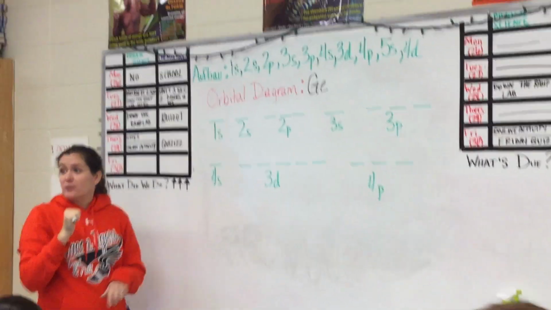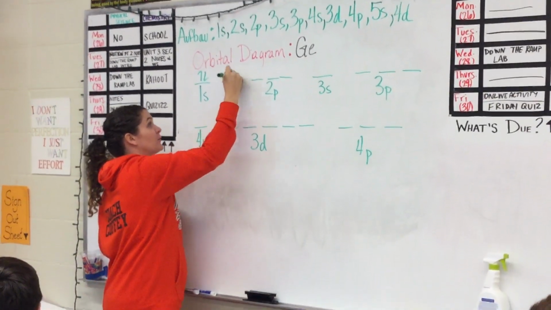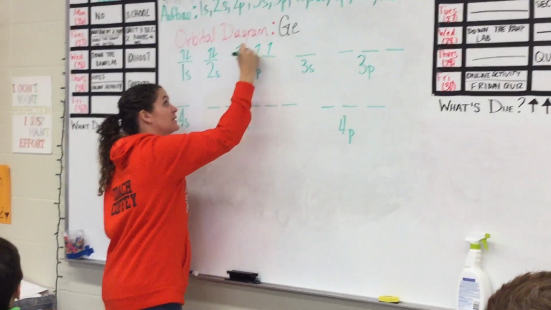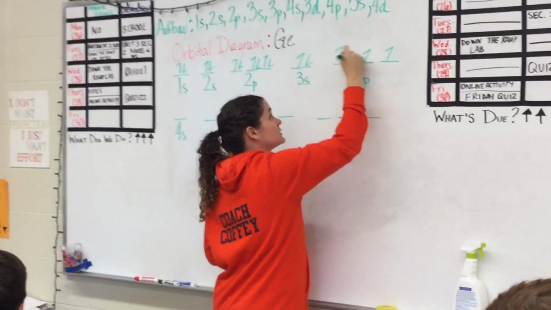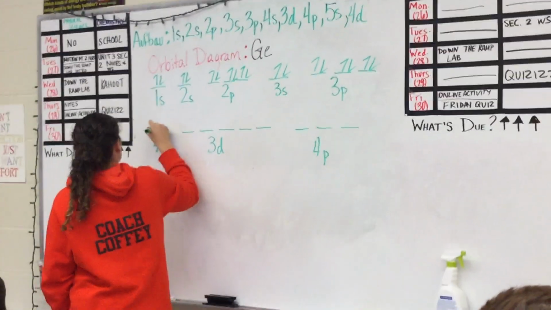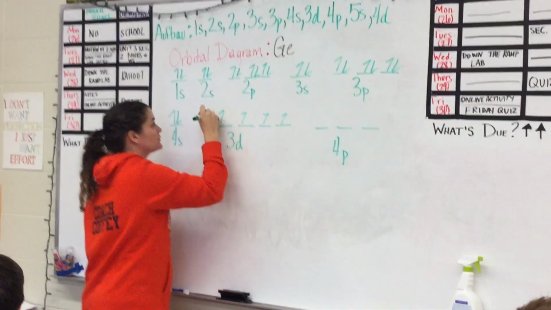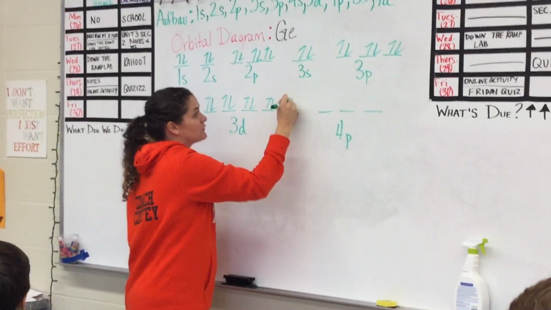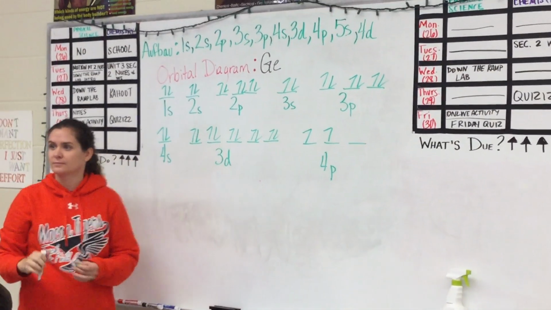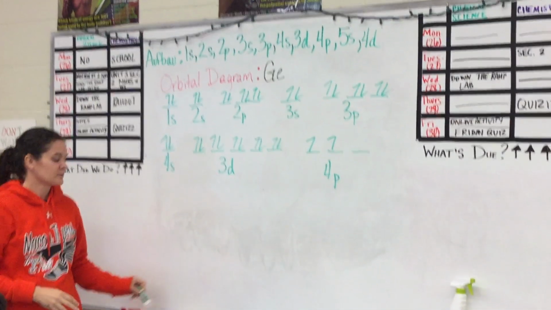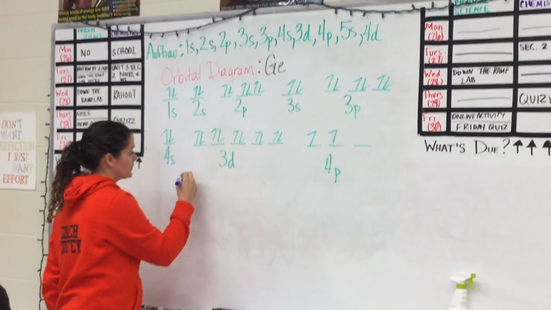And germanium has 32, correct? All right, here we go. 1, 2, 3, 4, 5, 6, 7, 8, 9, 10, 11, 12, 13, 14, 15, 16, 17, 18, 19, 20, 21, 22, 23, 24, 25, 26, 27, 28, 29, 30, 31, 32. Okay, which makes your electron configuration that.